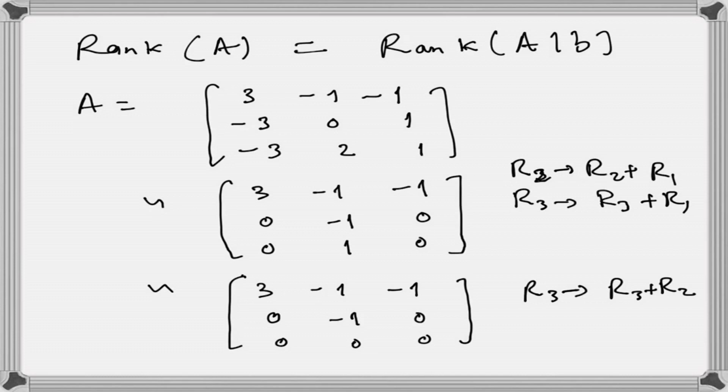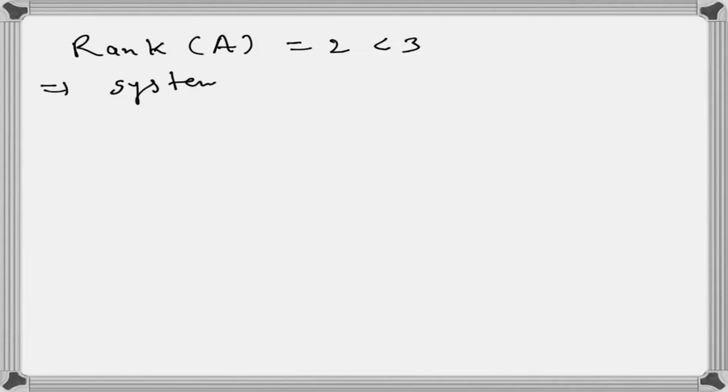So here, if you see, the rank of A is 2, which is less than 3. This implies the system has infinitely many solutions.